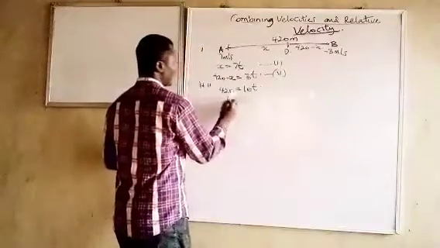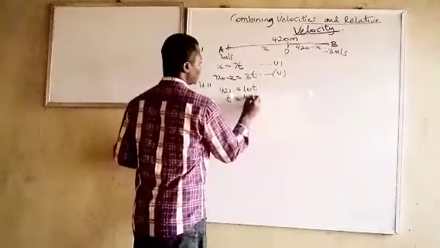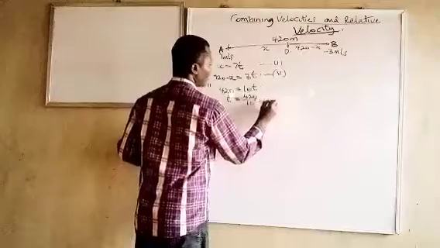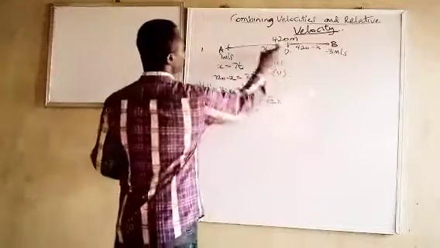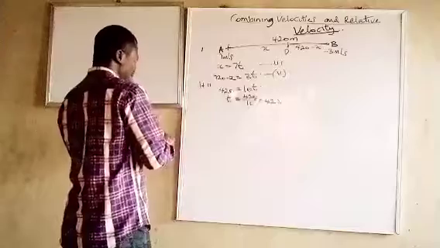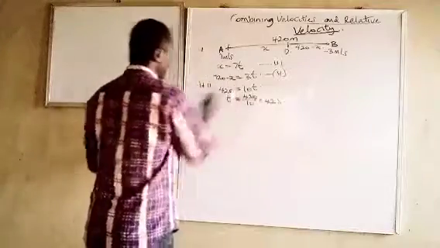It means that t will be equal to 420 over 10, which is 42 seconds. Which means that the two of them will meet at this point when the time is 42 seconds.